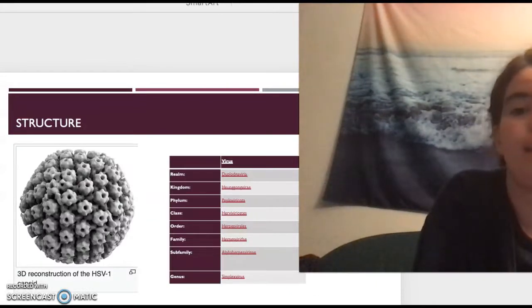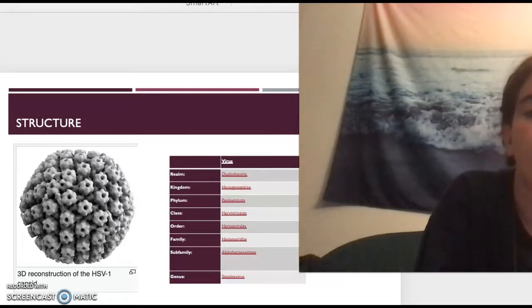Herpes viruses are from the Herpesviridae family. This is a type of DNA virus that infects humans and other types of animals. There are 8 primary herpes viruses for which humans are the primary host. They are the herpes simplex virus 1 and 2, the varicella zoster virus, the Epstein-Barr virus, and then several others, including Kaposi sarcoma herpes viruses.